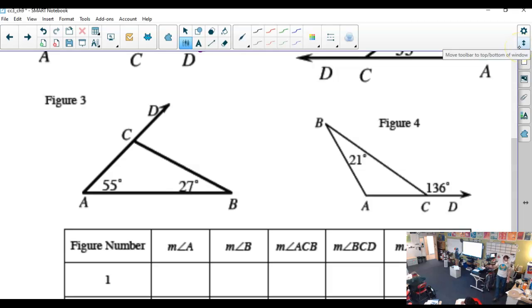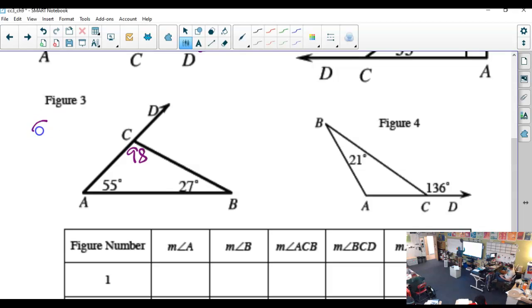Okay. So, all these gotta add up to 180, right? All the triangle bits. So, this one is 98. Wait, why? Because it has to add up to 180. But I don't understand.